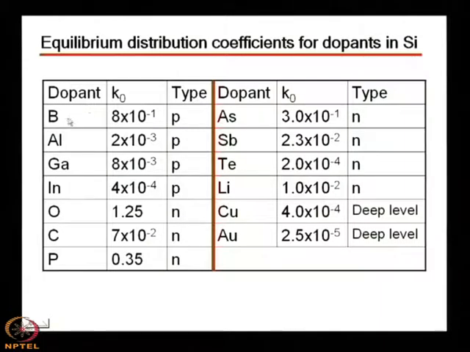The dopants boron, aluminum, gallium, indium, all those 4 give rise to p type doping. Here the type is given, and the segregation coefficient, you see, for boron it is 0.8, for aluminum it is 2 into 10 to the power minus 3, very very less. Gallium 8 into 10 to the power minus 3, indium 4 into 10 to the power minus 4.